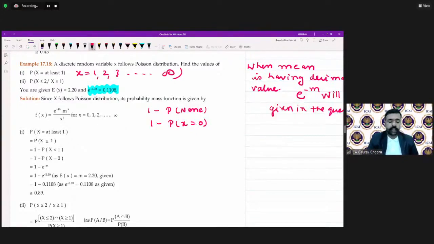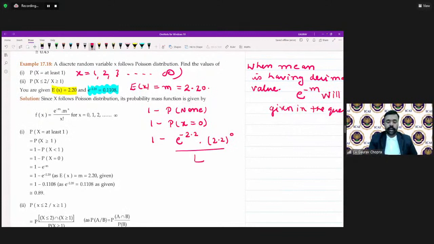So what is the mean here? See, E(x) is given. E(x) means expected value, and expected value is nothing but the mean. So the mean is 2.2. So 1 minus e to the power of minus 2.2, times 2.2 to the power of 0 divided by factorial 0.